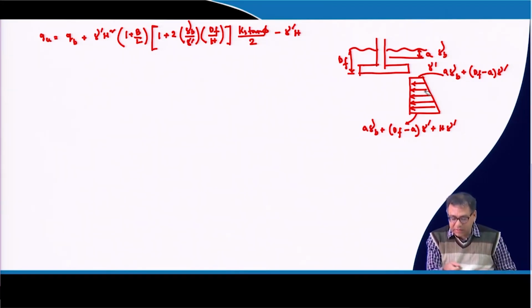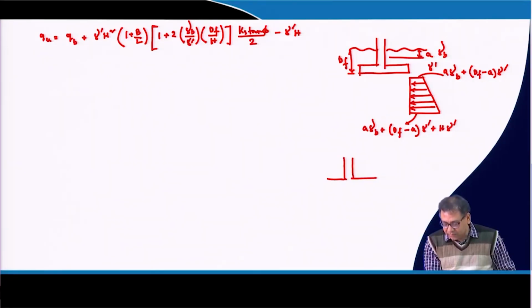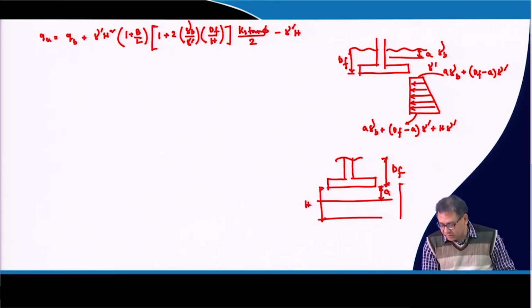So, that means then again you have to modify this equation that I have derived. The equation that I am using now is because the water table is at the base of the foundation, but if the water table is at any position, then you have to modify accordingly. Remember that. In another case, suppose the water table is below the base of the foundation. Suppose the water table is here with a distance of A, this is df, and then this portion is H. Then what would be the pressure distribution?